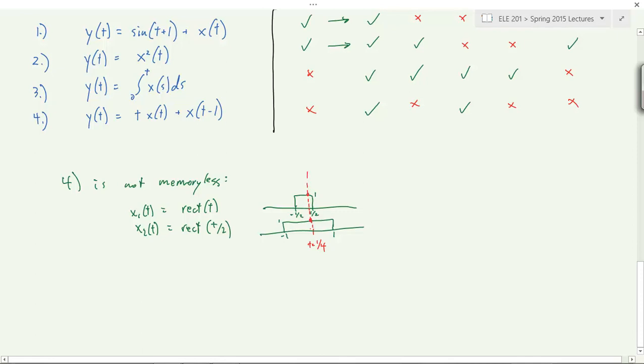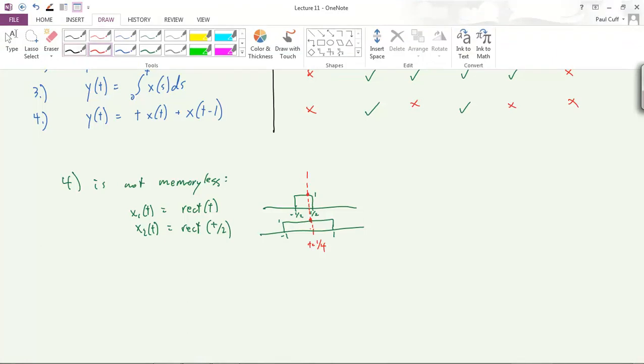So for a memoryless system, the output at t equals 1/4 should be the same for both of these inputs. Okay, because that's what it means to be memoryless. The output only depends on what's happening right now at the input. But we can calculate the outputs here.